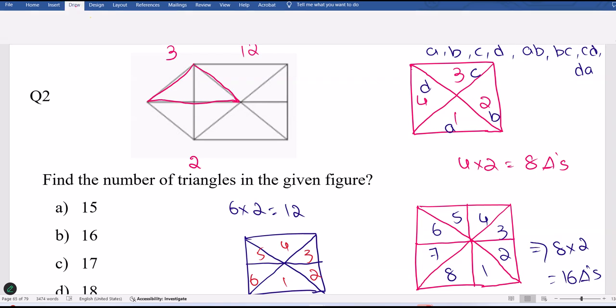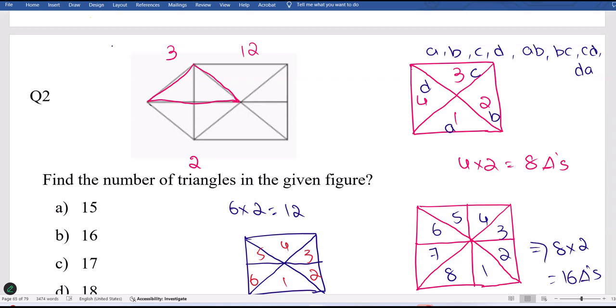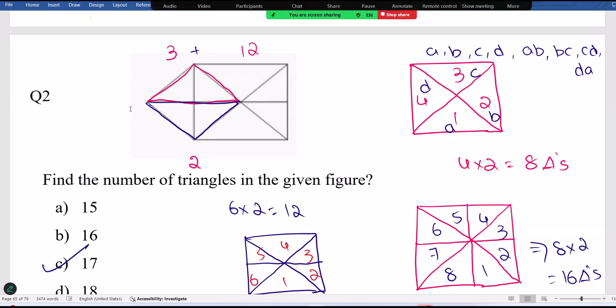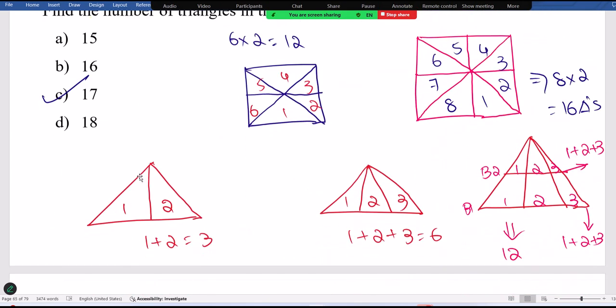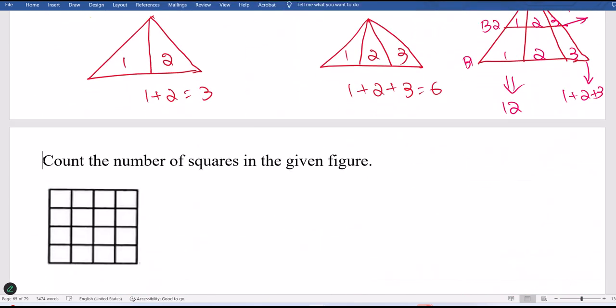This joint is not counted anywhere, and below this triangle also, this one is also not counted anywhere. So plus 2 is there. So total 17 is the answer. When you join the triangles, we have to be careful.